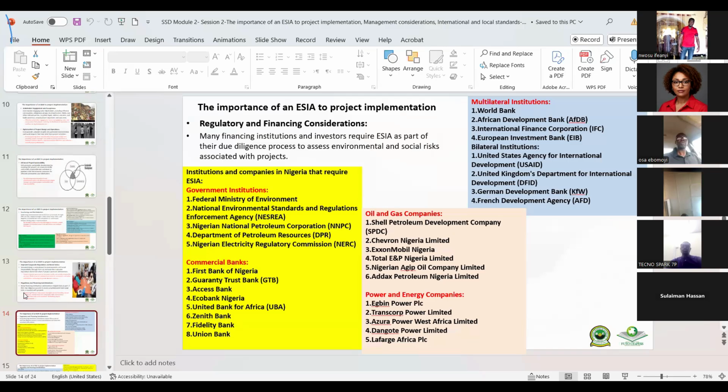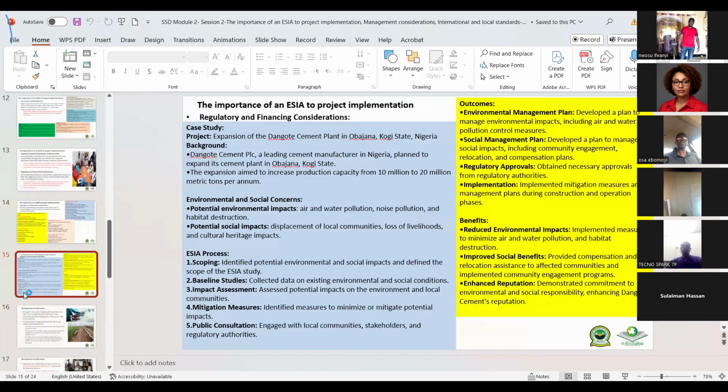Then the power and energy companies, and the World Bank. The World Bank sponsors projects, and we call it a multilateral institution, along with the African Development Bank and the International Finance Corporation. These are agencies that can finance projects.